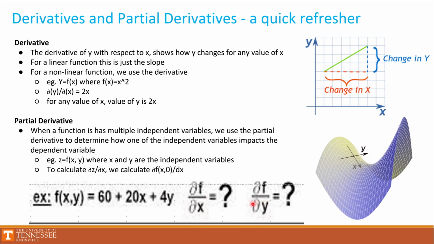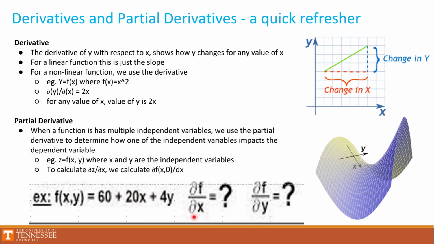If I have to calculate del f by del x of this equation, what would be the answer here? Can anyone tell me? 20. And here the answer would be 4. So what we did is simply make everything else constant and compute it.